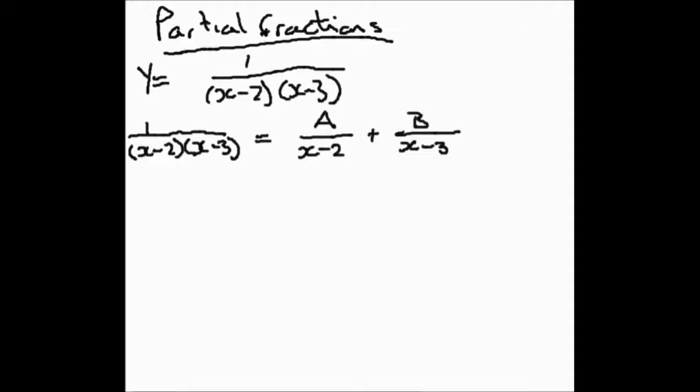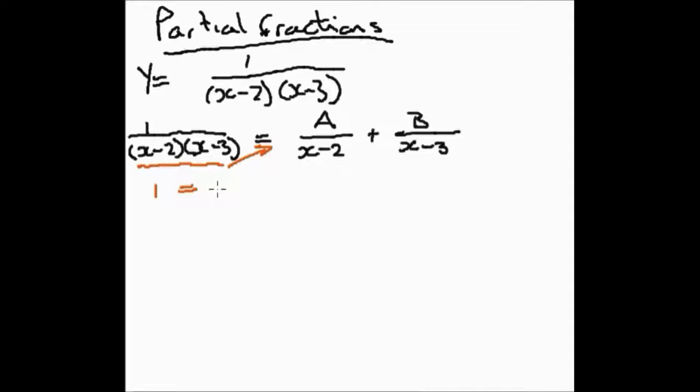If we take this first term and multiply it out so that we can turn this into a nice flat equation, we get 1 equals, and I'm going to multiply all of this into this whole equation, and we cancel out as we go along.